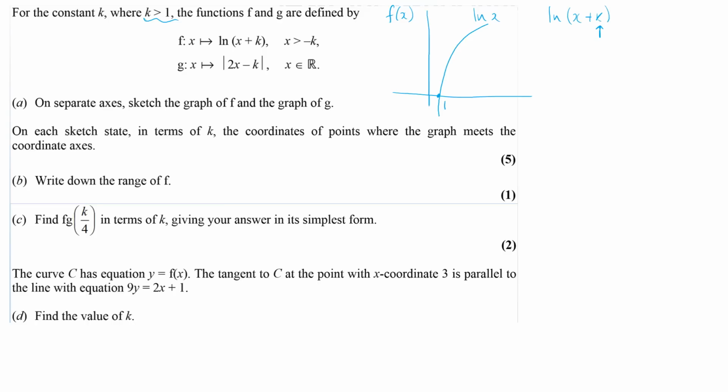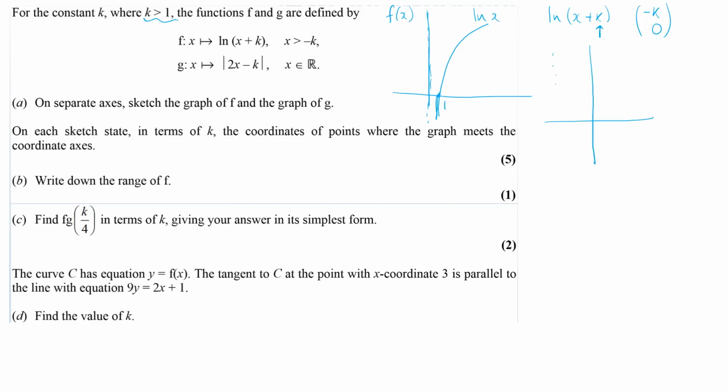So we're doing transformations of graphs. We're adding k to the x before we draw the graph, and this is going to have the effect of shifting it minus k to the left. So we have to bear in mind that the ln of x graph doesn't touch the y-axis. The y-axis is an asymptote, so we're going to move the whole graph k to the left.